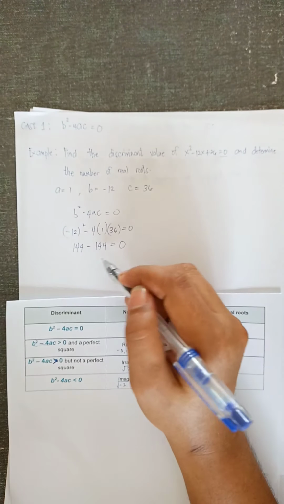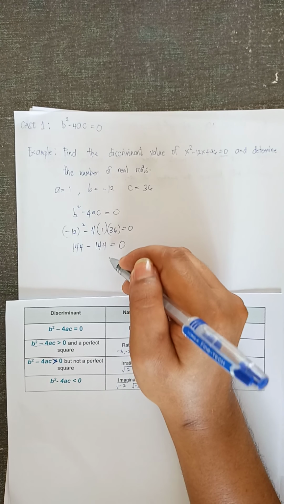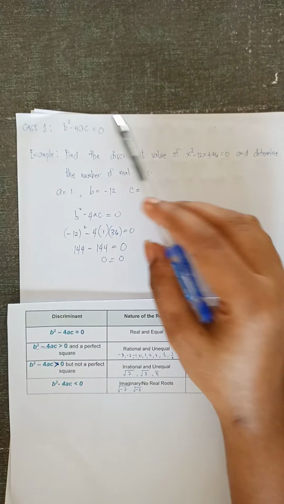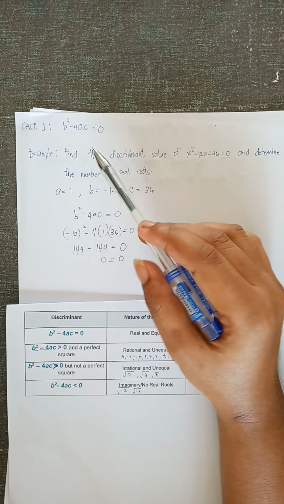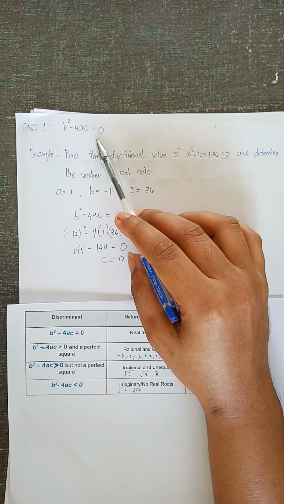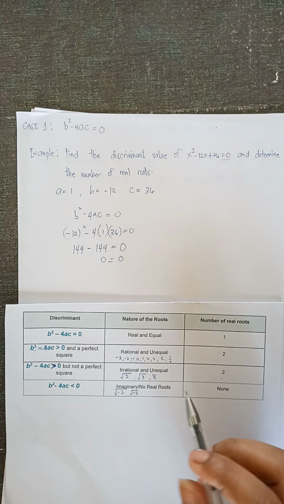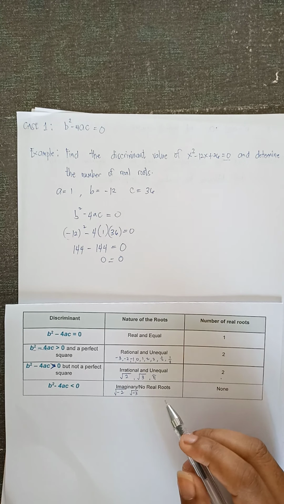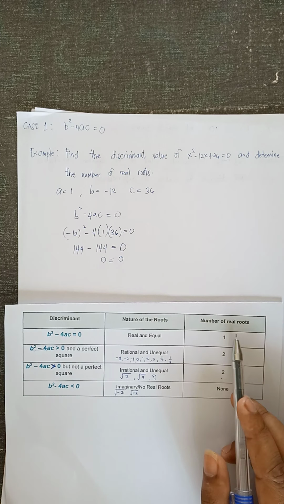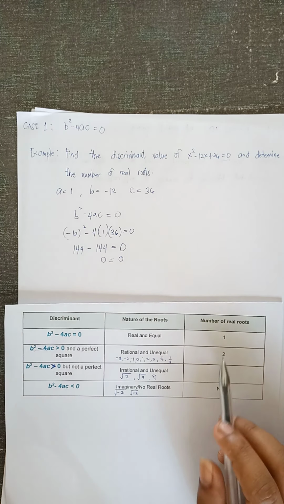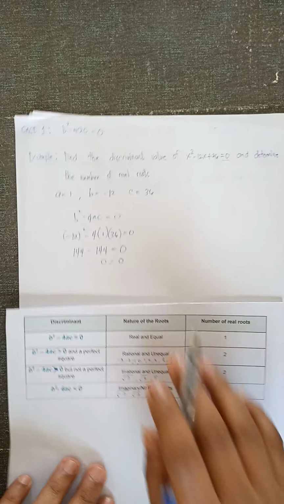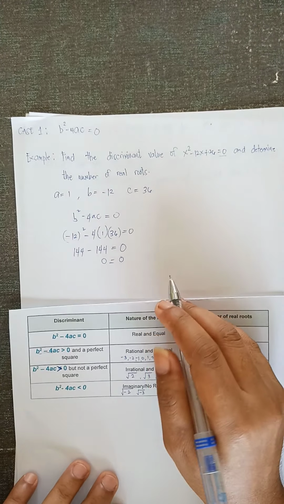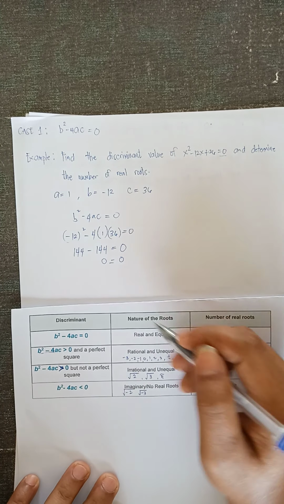So 144 minus 144 is equal to 0. So therefore, nag-satisfy siya sa atong case number 1 nga the discriminant is equal to 0. So therefore, ang atong nature of the roots is real and equal, and the number of the real roots is only 1. So we can check that one by getting the real roots.